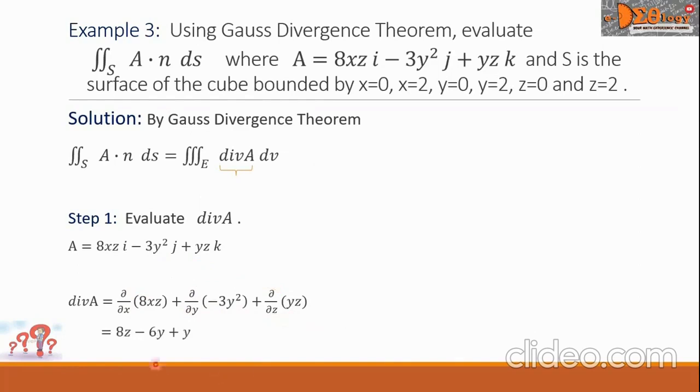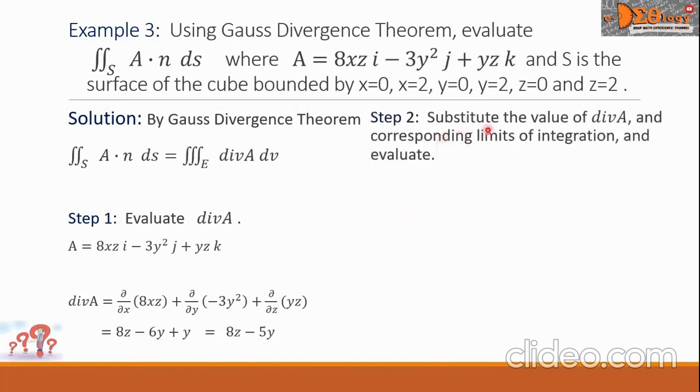Evaluating now, we have 8z minus 6y plus y. We can see here that we can combine the negative 6y plus y. So the final answer, 8z minus 5y.